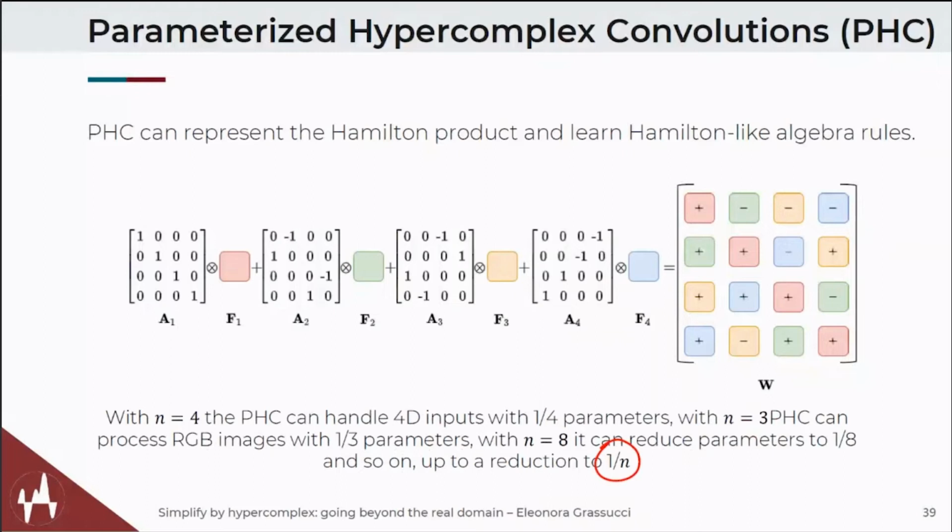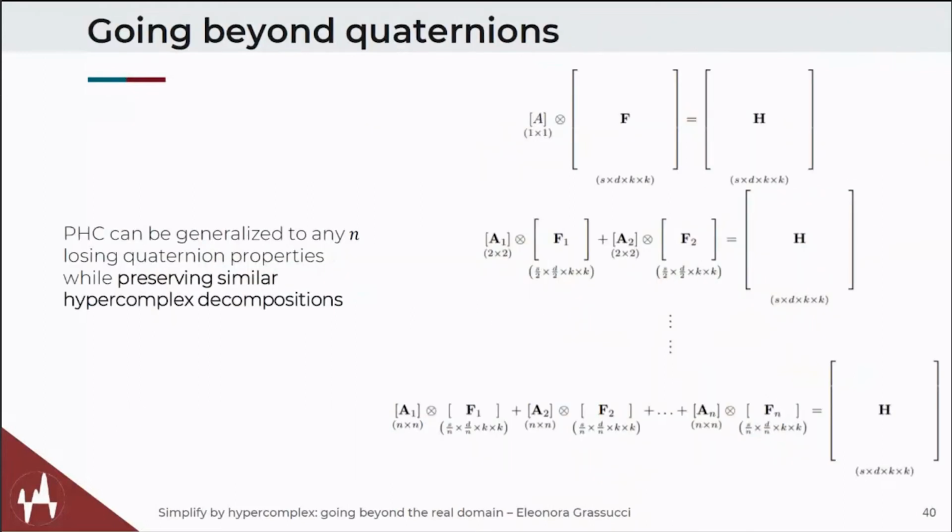And that's incredible. It's almost 90% fewer parameters with respect to a real-valued baseline. And we can go further. We can set n to any desired value and still preserve a similar hypercomplex decomposition, so hypercomplex properties: the sharing of parameters, the reduction of parameters, and so on, for any desired value of n.